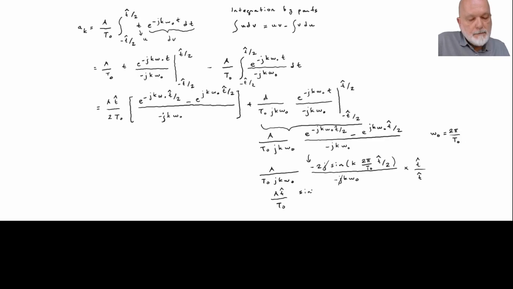Sine k pi t cap over t0. Here instead of omega 0, of course, we are going to substitute 2 pi over t0.